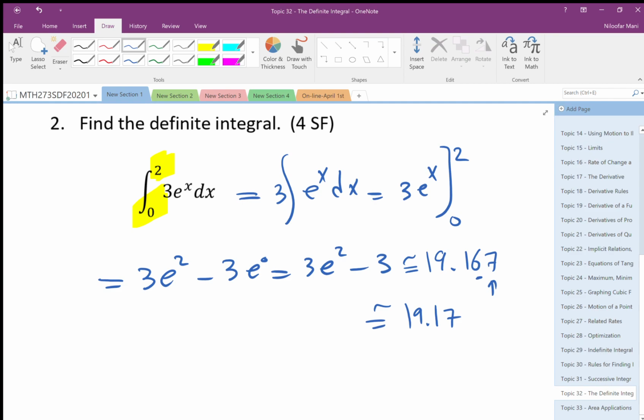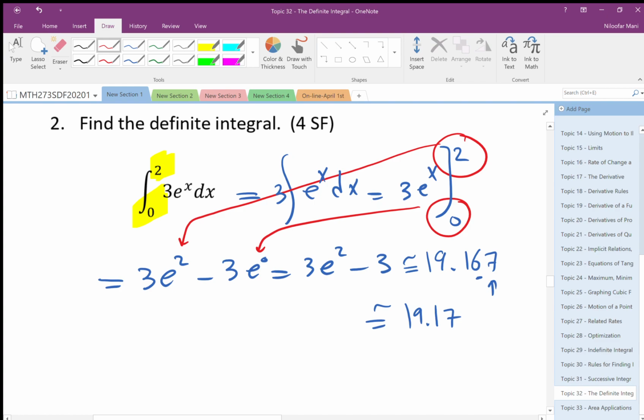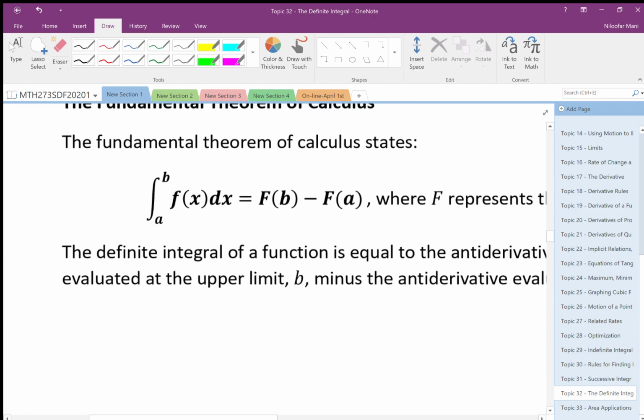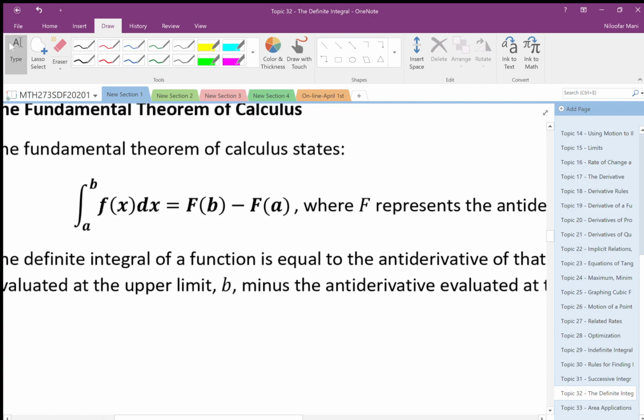So here, I forget. If I have boundaries, I find the integral and then I substitute top first minus bottom next. Remember, I put 2 first and then I put this one next. Otherwise, it will be opposite. It will be negative. Okay? So look at this. See? Here, you forget A, you forget B, find the integral.